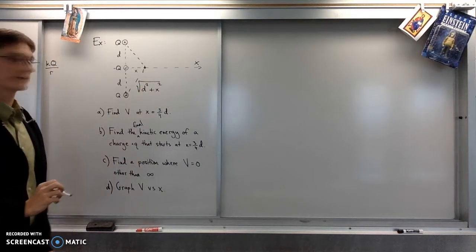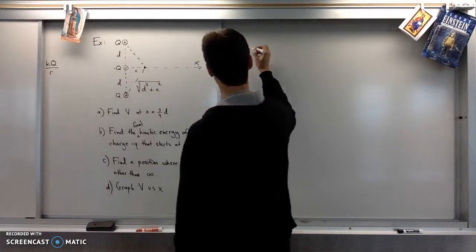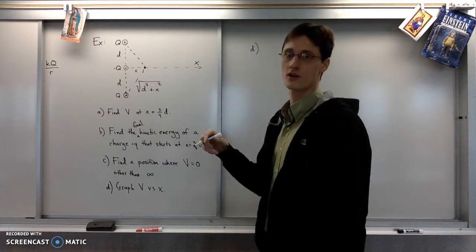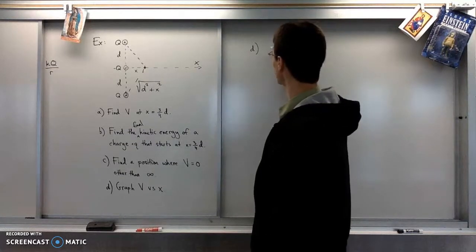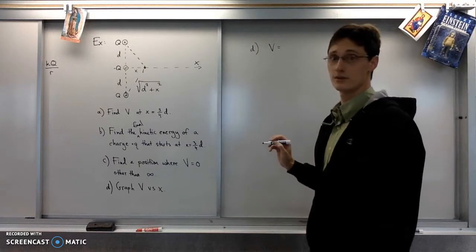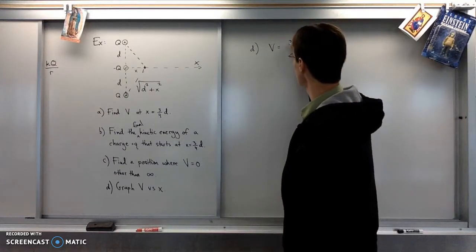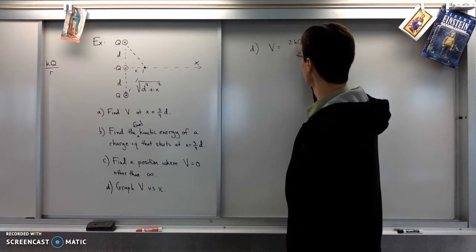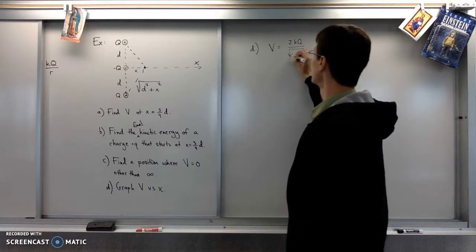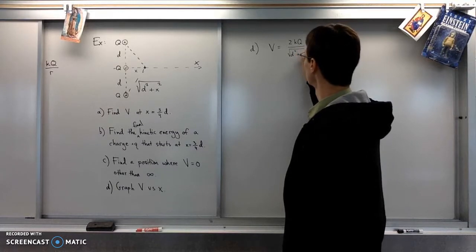All right. So then if I write out what the potential is due to those three charges along the x-axis, I would have, well, let's see, due to the two positives, 2kq over the square root of d squared plus x squared.